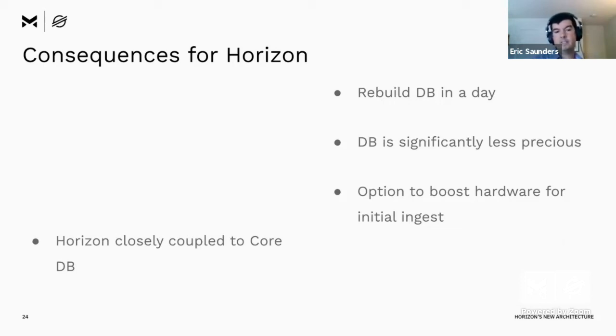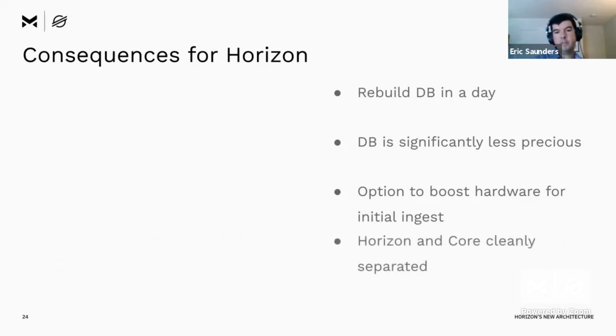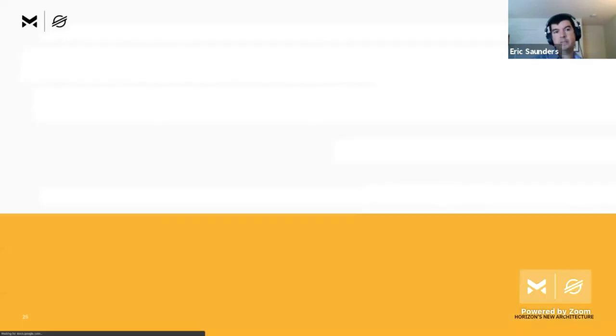That frees Stellar Core to use its database for itself and focus on its own performance and requirements. It also means as a side effect that Horizon cannot impact Stellar Core's performance with large queries because there are no queries. We're not asking anything from Stellar Core's database anymore. So now we have a clean separation. And this clean separation has a big consequence for production architecture, which we'll talk about next.